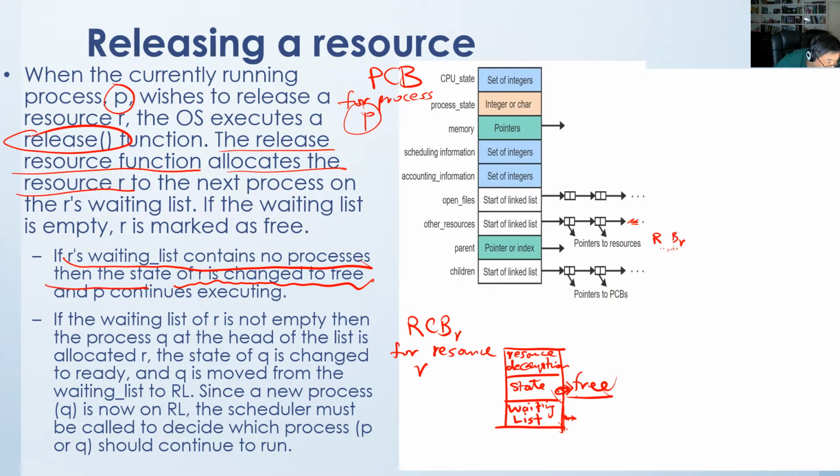So if there's another process Q, and now there are probably many other processes, not just one process, a list of processes on the waiting list, then the process Q at the head of the list is allocated R. So Q is on the waiting list, and it's at the head of the waiting list.